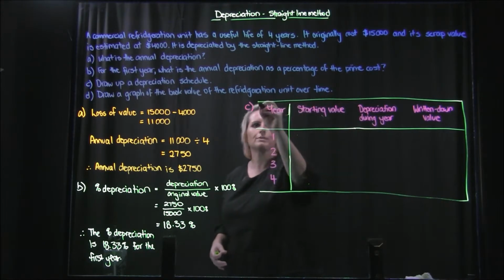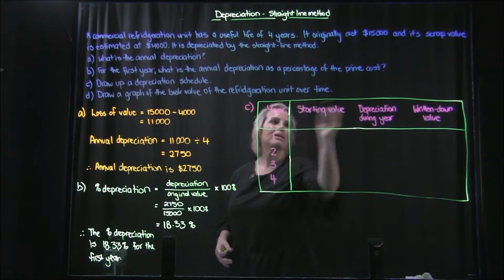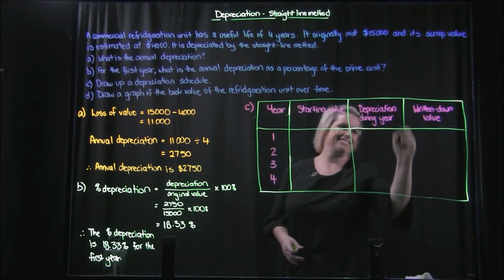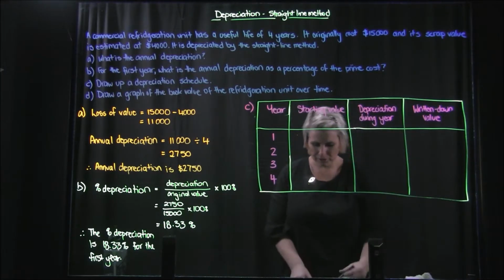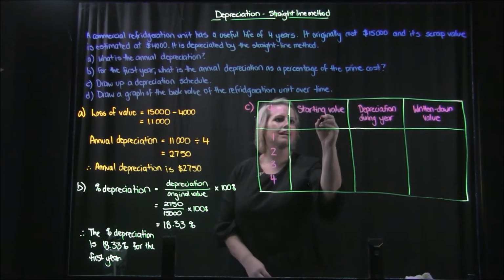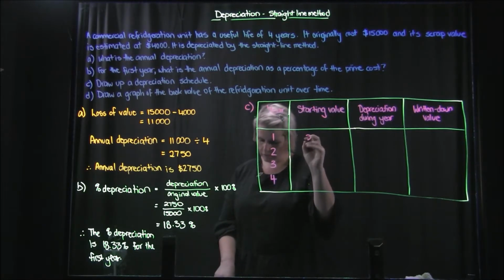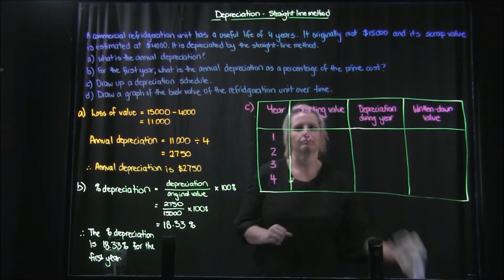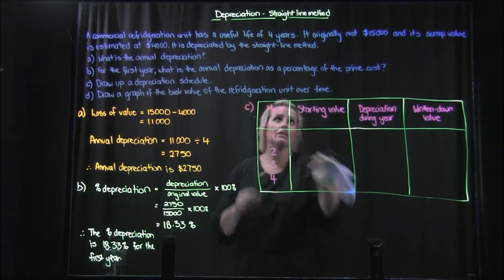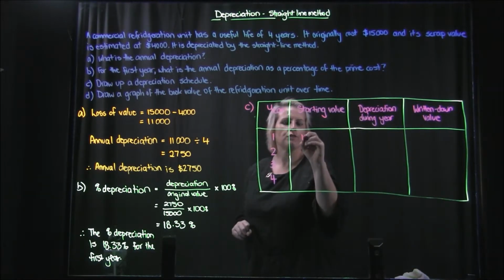You, of course, when you do this, will be using a ruler, just like when you do the graph. Okay, so my starting value. At 1 year, my starting value in the first year was its original value, so 15,000.